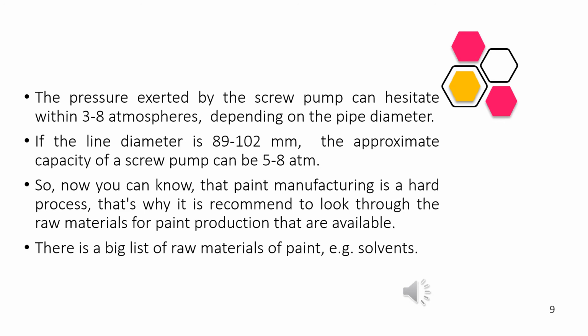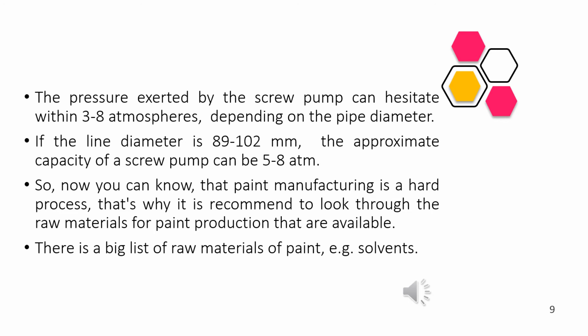The screw pumps take the fluids and push them out from the other side, and in this way they increase the pressure. If the line diameter is 89 to 102 mm, the approximate capacity of a screw pump can be 5 to 8 atmospheres.